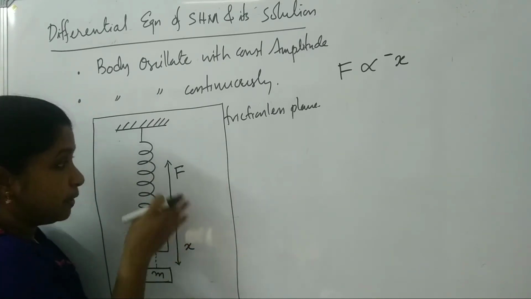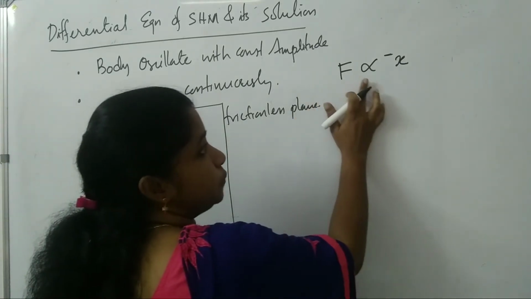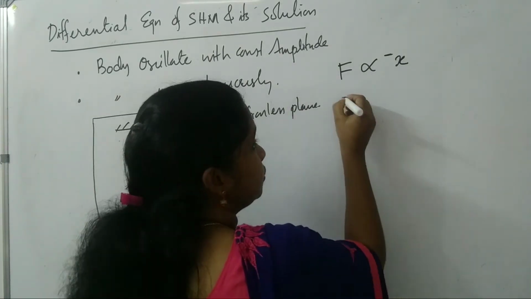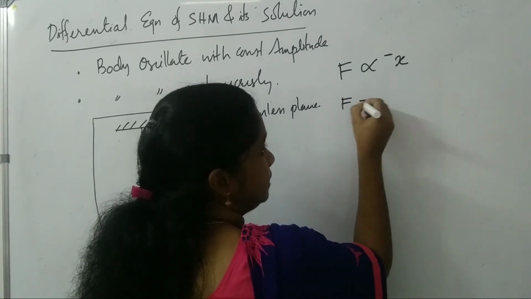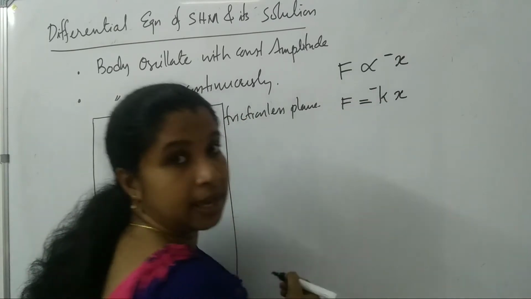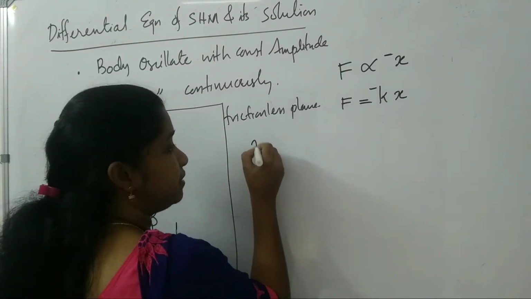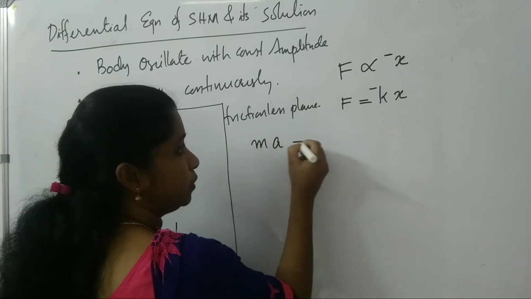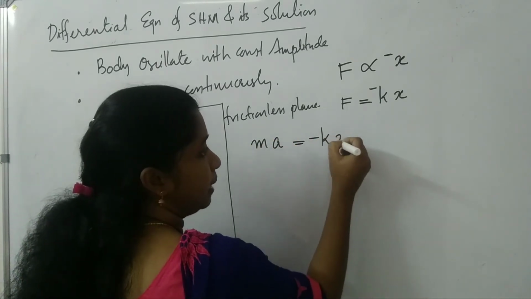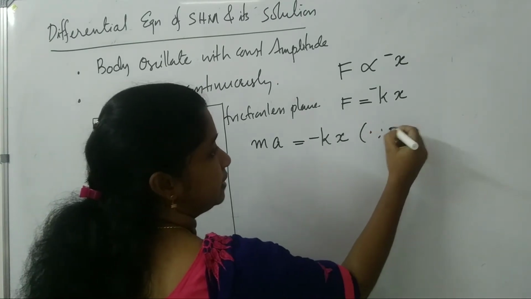F is proportional to minus x. To change the proportionality symbol, we multiply with a constant k: F equals minus kx. Then according to Newton's law, F is equal to ma, so ma is equal to minus kx.